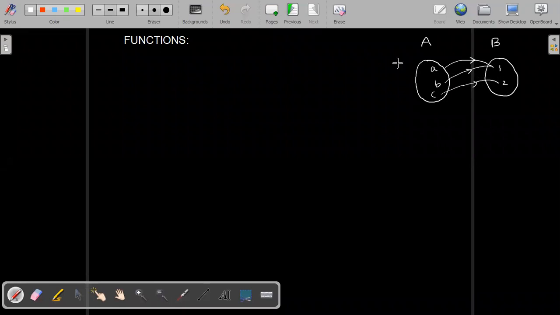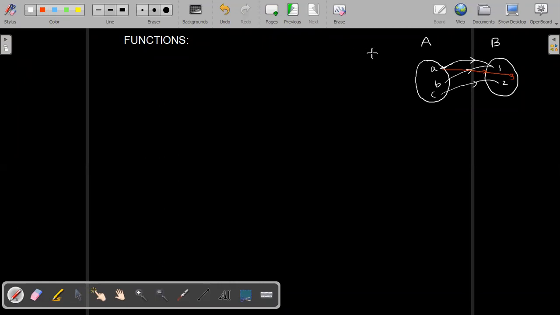And A can have one more image in relation. 1 is the image of A. And if there is another number here, 3, and the image of A is also 3. So that means A has two images.